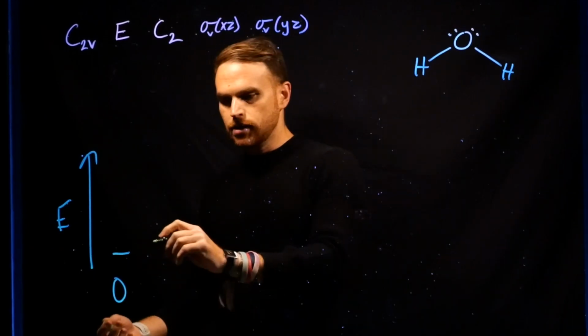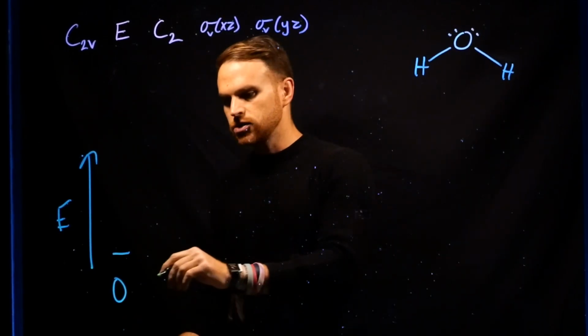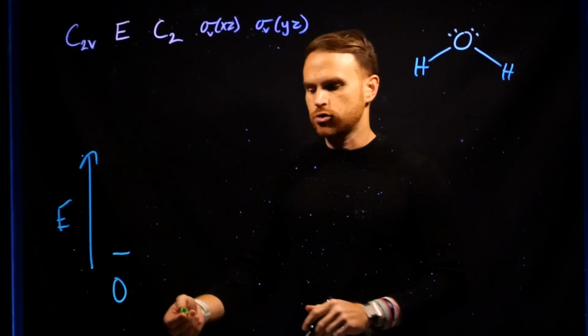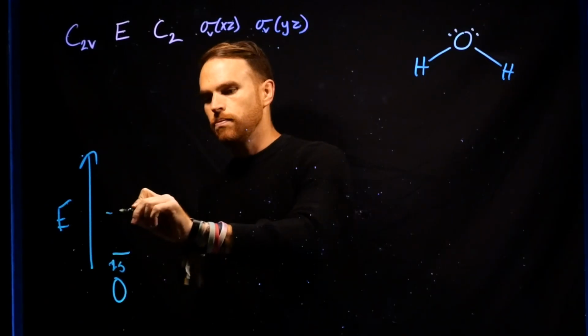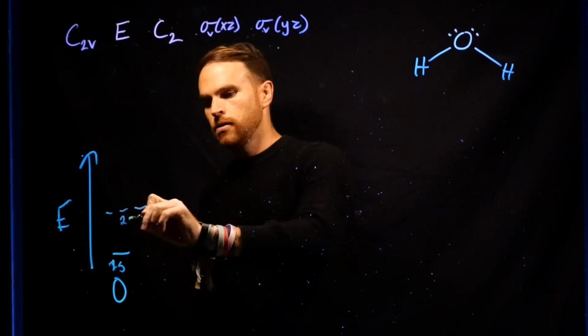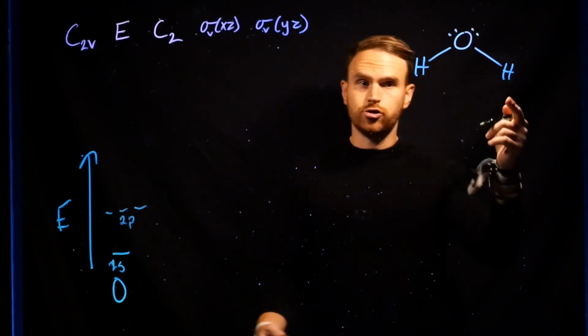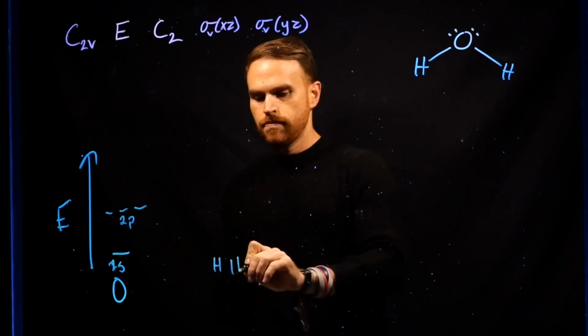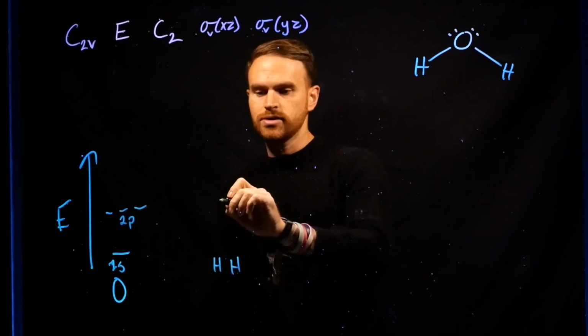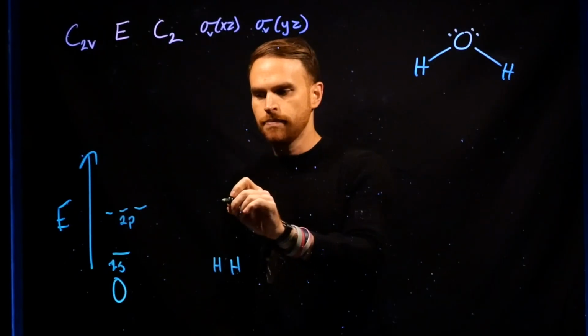So typically, you have oxygen on one side, and we're looking at its valence electrons: it's got the 2s orbital and then the 2p orbitals. Hydrogen is the outer atoms, and since we have two of those, they would have 1s orbitals, and they'd both be at the same energy.